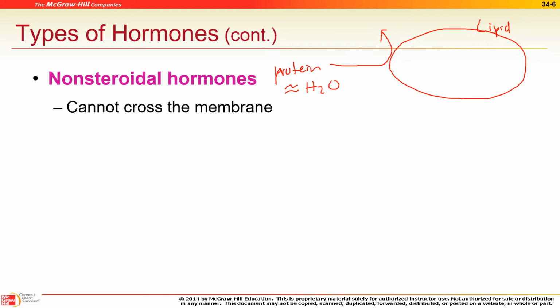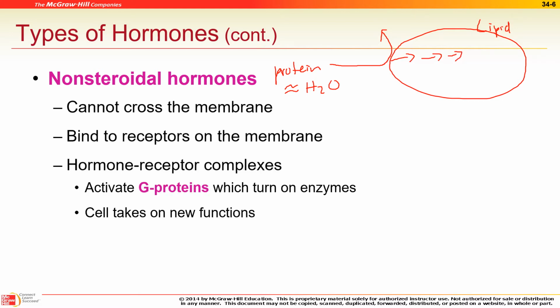So we'll need to somehow get the signal into the cell. So this is accomplished by the G protein complex. So all it is is messengers. One group of proteins sending the message to the next group of proteins.